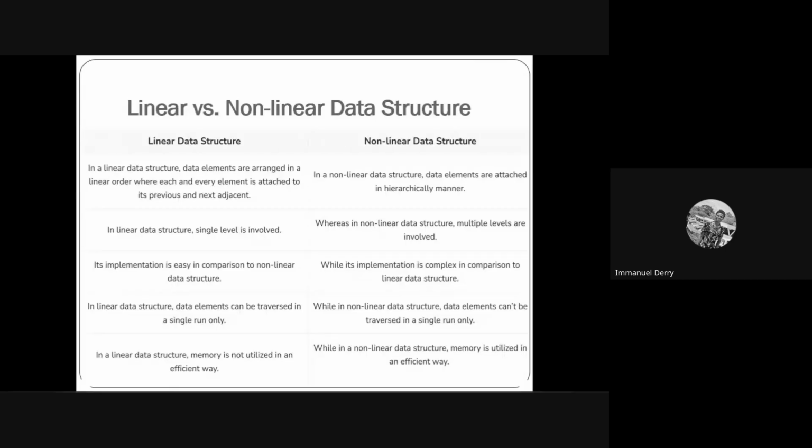And in a linear data structure, memory is not utilized in an efficient way. Not in all of them, depending on how you structure it. In some cases, the memory can be utilized quite properly. However, with a non-linear data structure, memory is utilized in an efficient way.